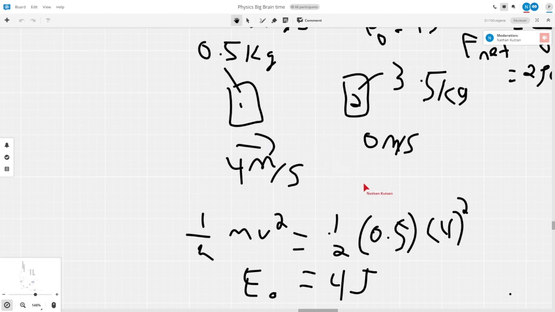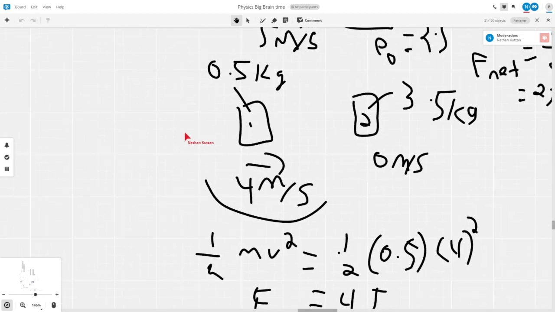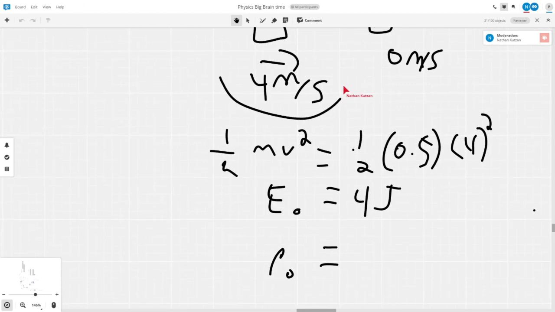What is the initial momentum of this box? The 0. Yep. And then what is the initial momentum of this box? It is 2. Yep, the initial momentum of this box is 2.